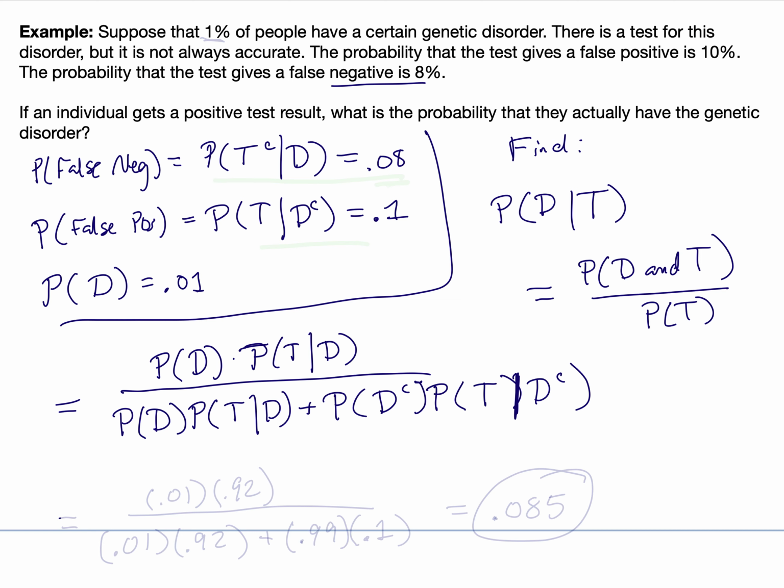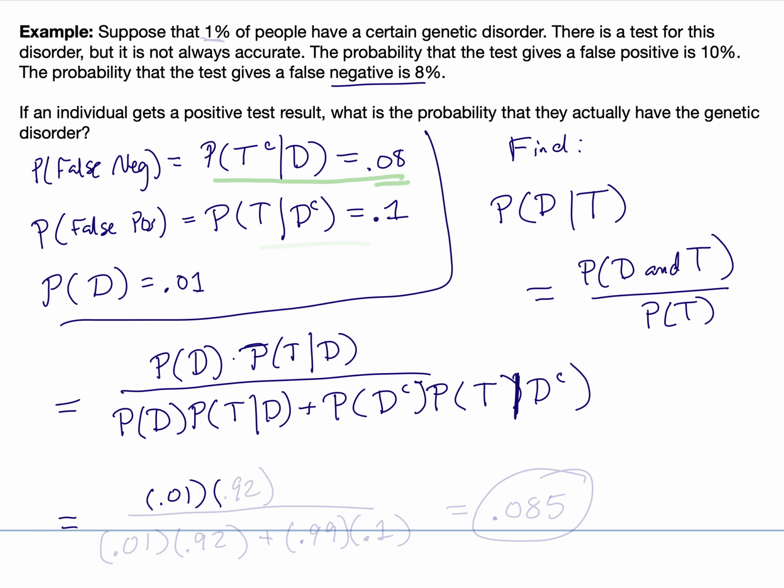So then that is equal to the probability that they do have this disorder, which is 0.01, times the probability that they get a positive test result given that they have this disorder. Well, we actually don't have that, but we do have this probability, which is the complement of what we're interested in. Given that the individual has this disorder, either they get a positive test result or they do not.